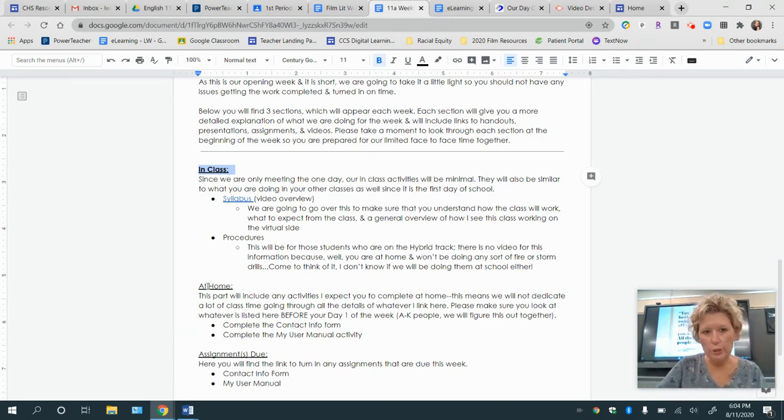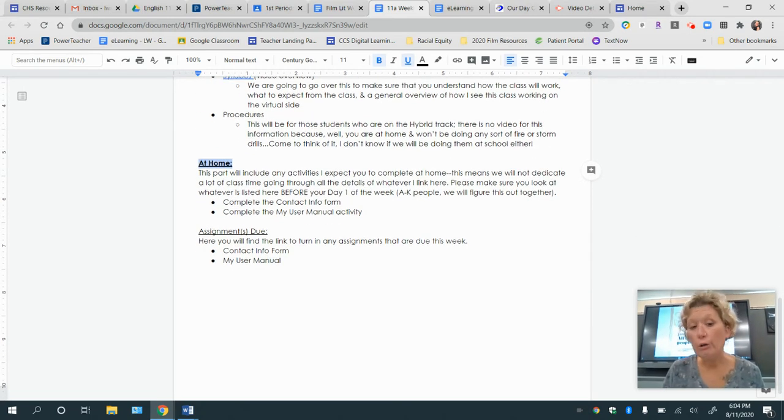Then you've got your at-home stuff. And these are the things, again, that I'm going to be expecting you to do at home. The assignments are going to be linked right here once I get them taken care of. And you can go through there. The key to the at-home stuff, if I'm on top of my game and I get it up there on the Friday before, then maybe you take a peek at it over the weekend.